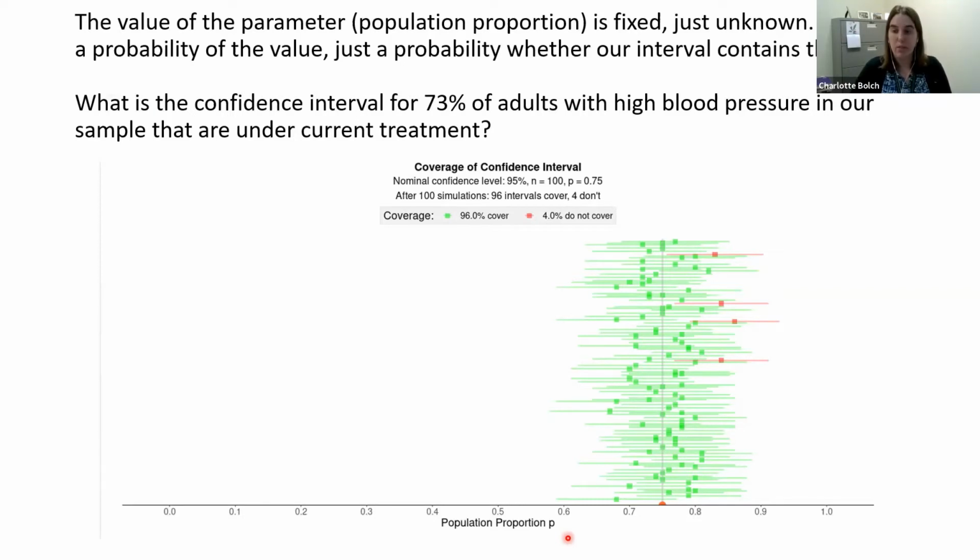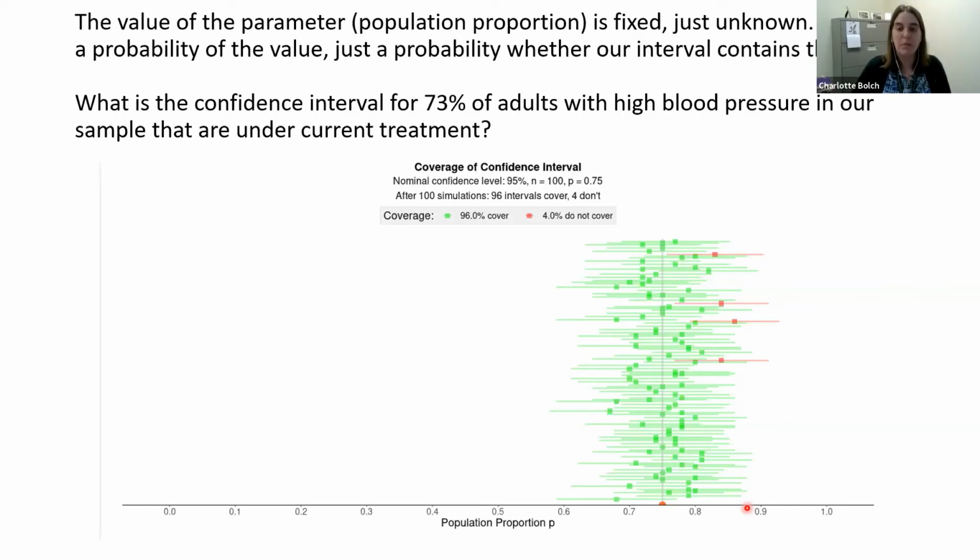This image from another applet simulates and shows us the confidence intervals for 100 samples of size 100. The green confidence intervals show the intervals that do contain the true population proportion, while the red confidence intervals show the intervals that do not. So this shows us that confidence intervals vary, but can contain the true population proportion or mean.